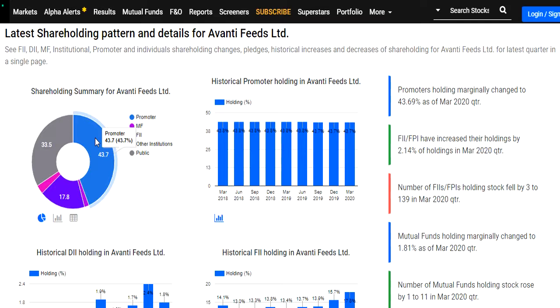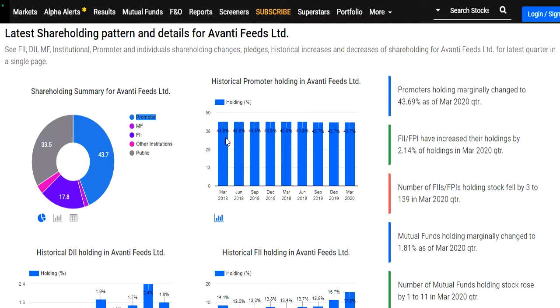You can see promoters at 43%, mutual funds 1.8, foreign institutional investors, and then public is having 33%, guys. That means retail investors. You can see other institutional investors. These are the patterns you can see, and then the historical promoter holding in Avanti Feeds.